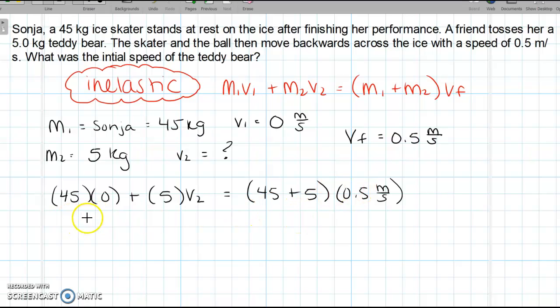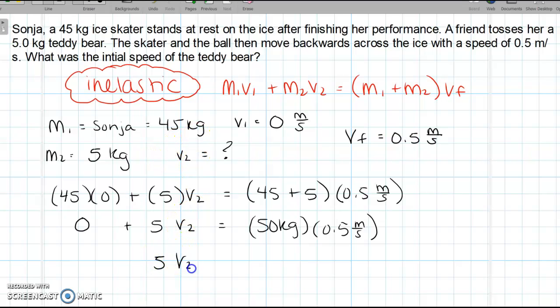All right, so this is going to be 0 plus 5 v2 is equal to 50 kilograms times 0.5 meters per second. So if we were to do that out, we would get 25. So 5 v2 is equal to 25 kilogram meters per second. So our initial momentum has to equal our final momentum. So this initial velocity of the teddy bear is 5 meters per second.